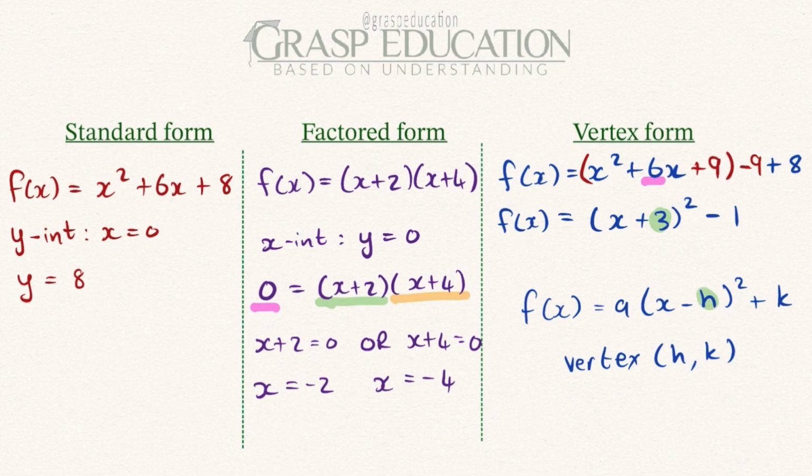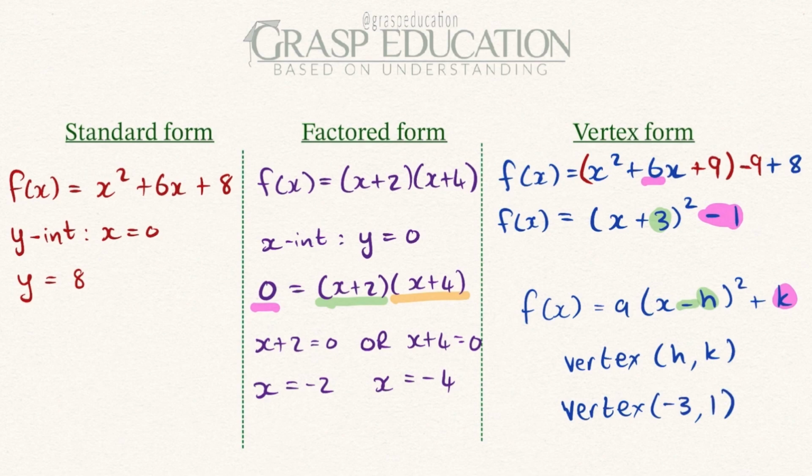So because it is a positive 3 and the formula says minus h, my vertex will be the opposite of that. My vertex will be negative 3, because a negative times a negative gives me a positive, and my y value of my vertex is the same as k, and that y value is 1.